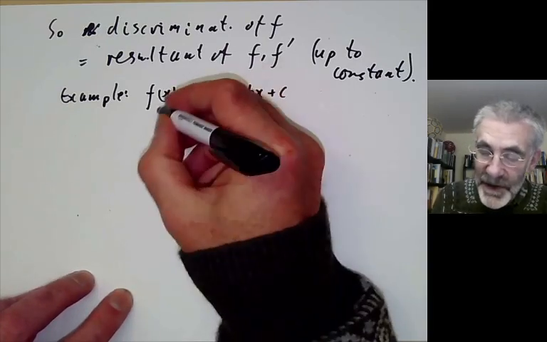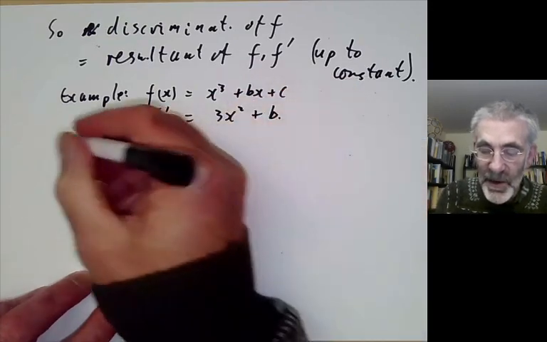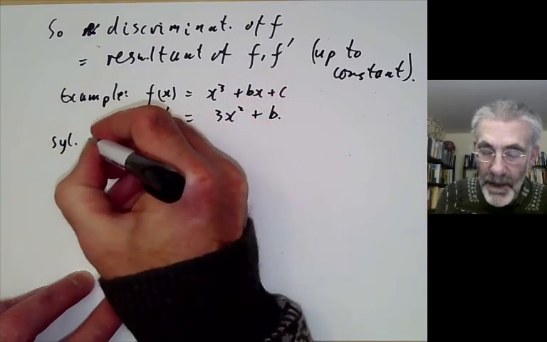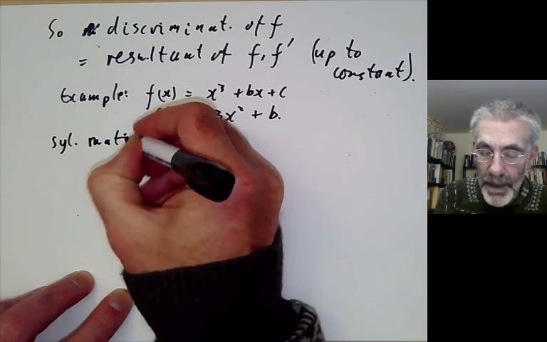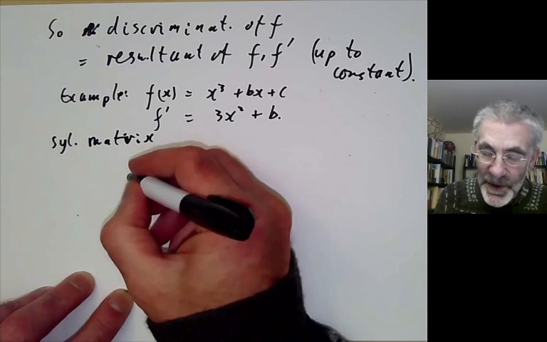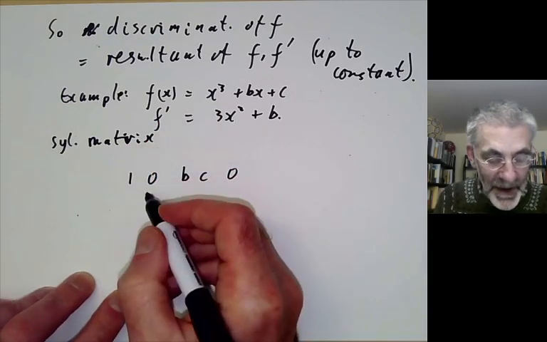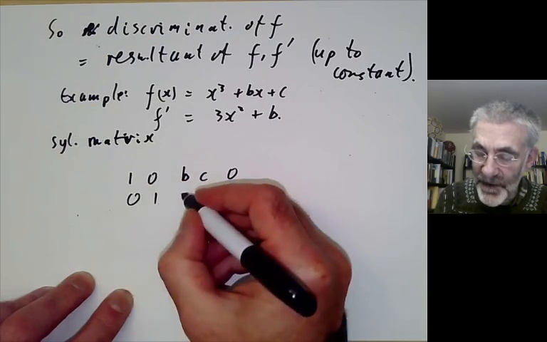And now the derivative of f is going to be 3x squared plus b. So we write down the Sylvester matrix, and that's not too hard. What we do is we write down the coefficients of f, which go 1, 0, b, c, 0, and then we write down the coefficients of f again, only we shift them a bit.